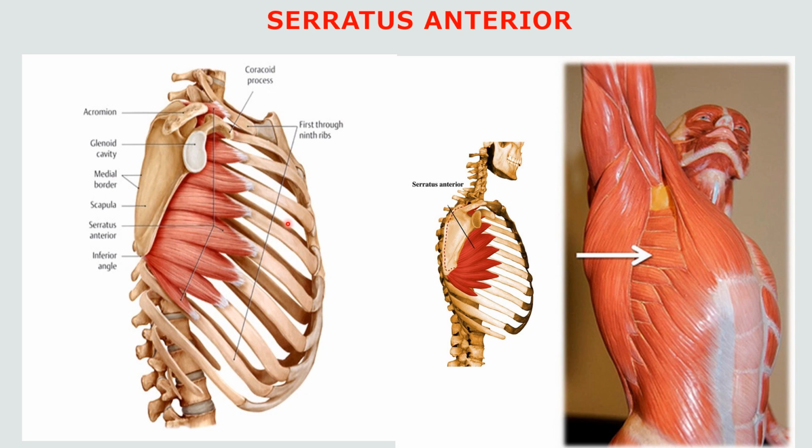That condition is known as winging of the scapula. On pushing forward with the arm, normal elevation of the arm is no longer possible.